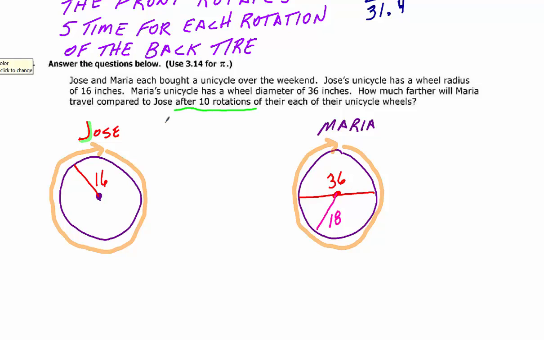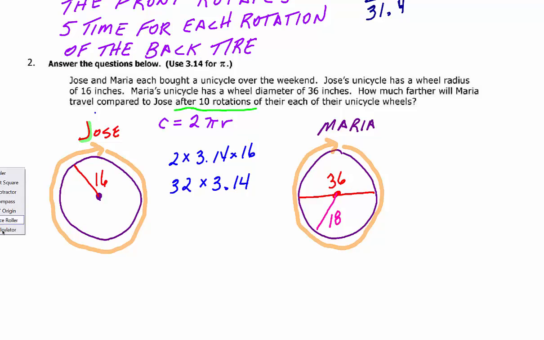So, time for a little formula work here. Once again, let me write it down, the circumference formula. Circumference equals 2 times pi times the radius. So when we do Jose, we've got 2 times 3.14 times the radius, which is 16. 2 times 16 is 32, so we've got 32 times 3.14.